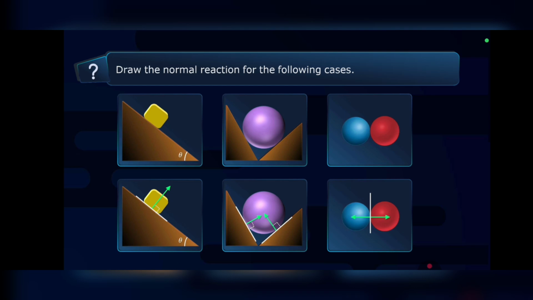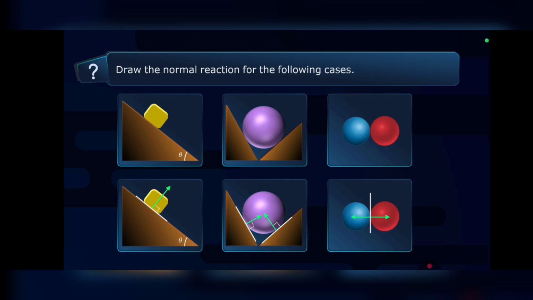So now there are some pictures here, so you can draw the normal reaction for the following cases. The normal reaction is always perpendicular to the surface where the body is placed.